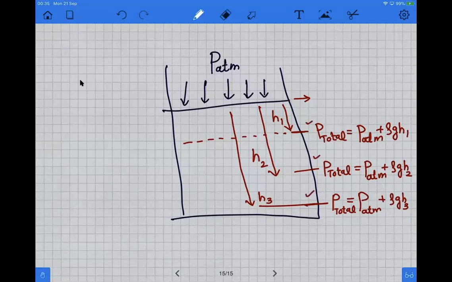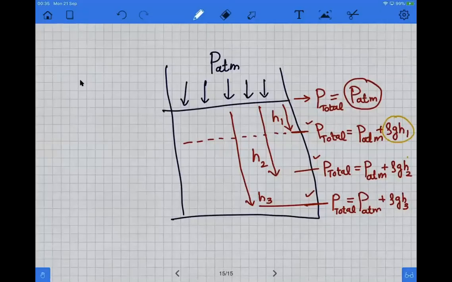However, at the surface of the liquid, all the pressure is due to the atmosphere, and it would be P atmosphere only, as no liquid is involved. Now, if we only look for liquid pressure, the terms rho GH represent the liquid pressure. We have to add liquid pressure to the atmospheric pressure to get the total pressure. And as we are moving towards the depth, the liquid pressure is increasing.